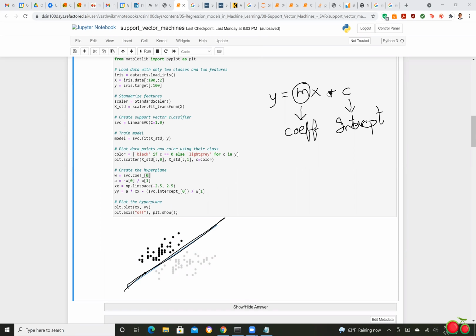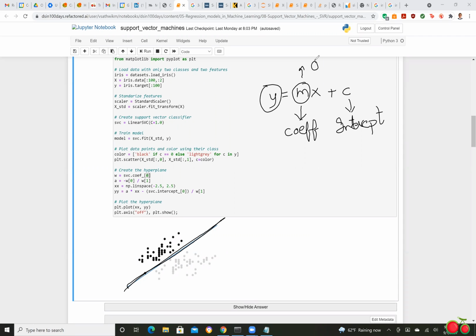So here, in mx plus c, this is my coefficient and this is my intercept. If my m value is very close to 0, what happens to my y values?